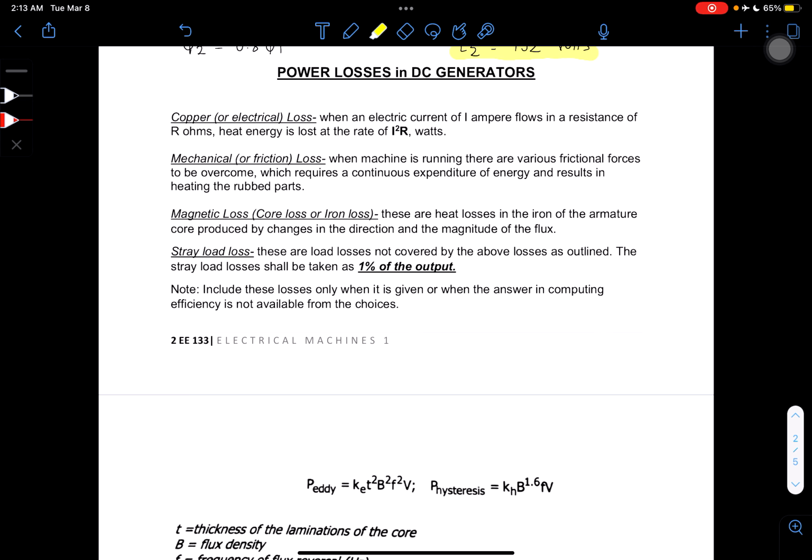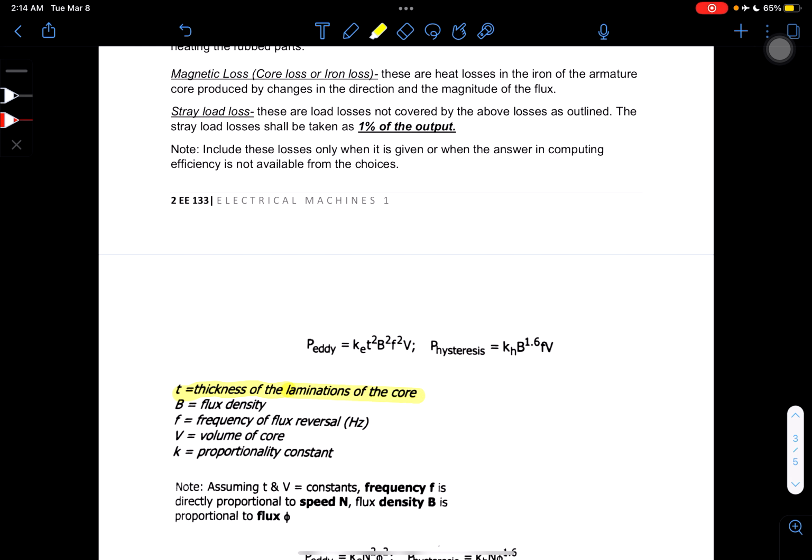So let's have here our formula. So P_ED, this ED is eddy current loss. So we have K, the proportionality constant, times t squared, where t is the thickness of the laminations of the core, and B, the flux density squared, and f, the frequency in hertz, squared, multiplied by V, which is the volume of the core.